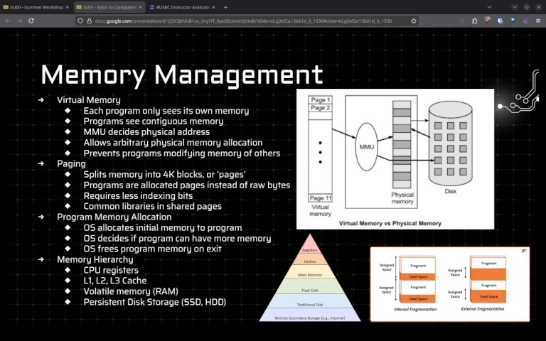If you do need to store data, even with a power surge, you do those through persistent disk storage, which is your SSDs and your hard drives. These are slower than RAM by orders of magnitude, but you do have that stability and security of knowing your data is there.